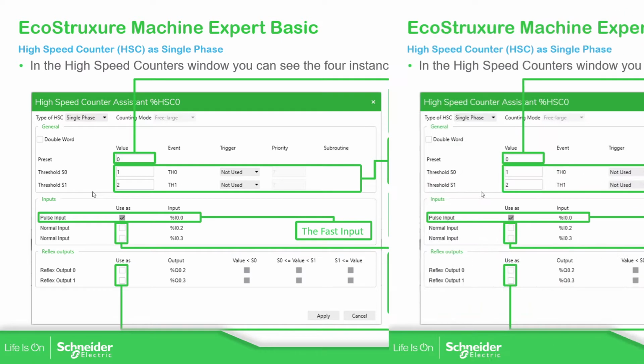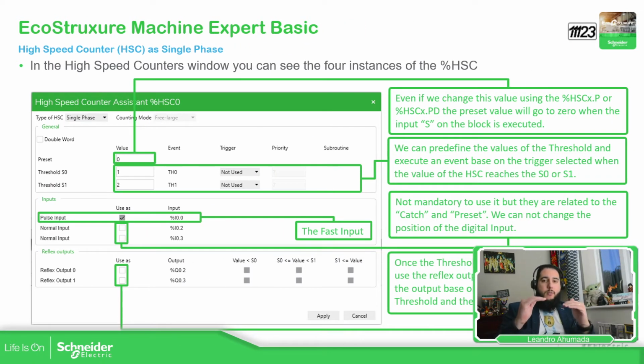The thresholds are the levels that you can configure for the high-speed counter to reach, and when one is reached, it can set one of the outputs that you have for the threshold in the function block. So if you want to execute something in your code when the high-speed counter reaches the number 10, you can do that.